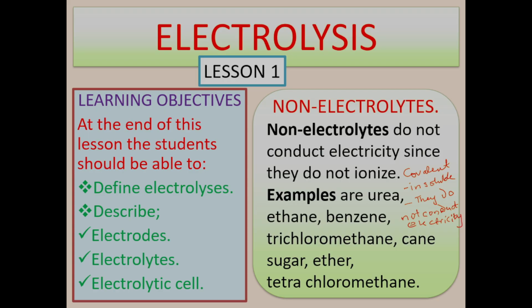We have urea, benzene, ether, cane sugar, and then tetrachloroethane, even monochloroethane, dichloroethane, trichloroethane. They are all examples of non-electrolytes, and they won't conduct electricity because they have no mobile ions, because they are insoluble in water.